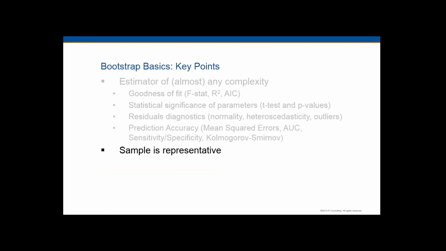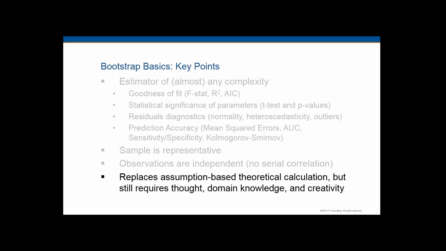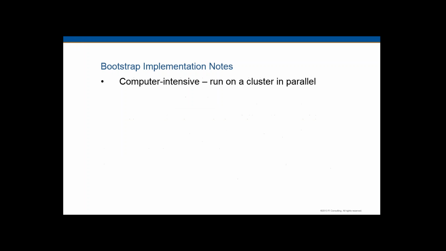You should make sure that your sample is representative of the population and that the observations are independent from one another. With the bootstrap, we let the data speak for itself and challenge model assumptions, but we still need to be careful about designing the process.